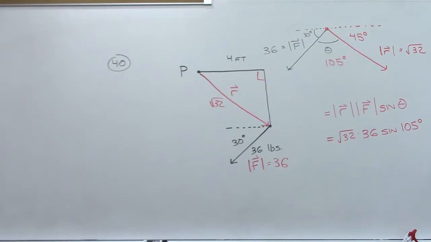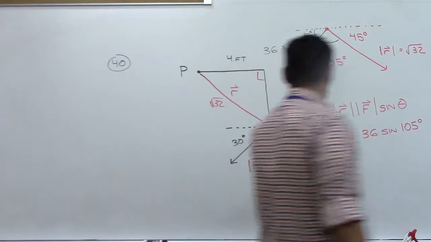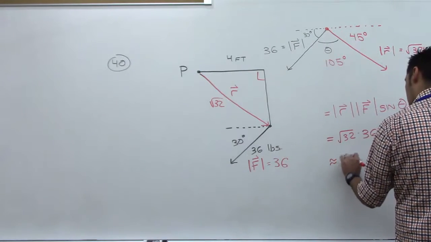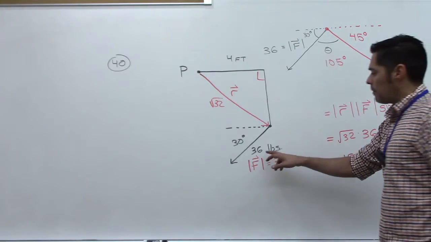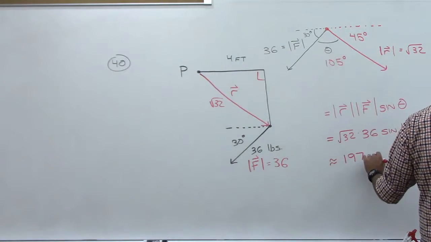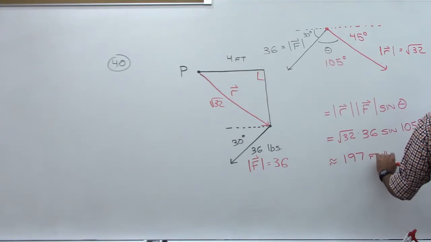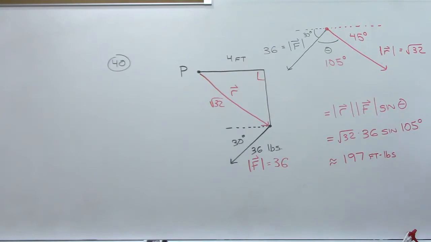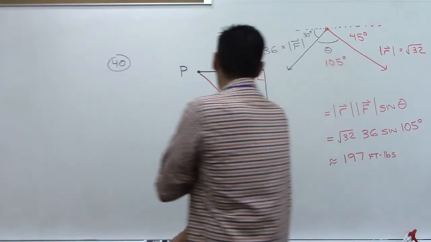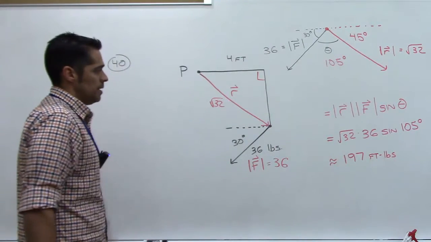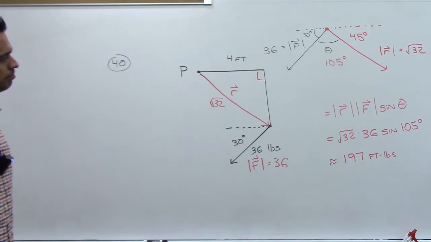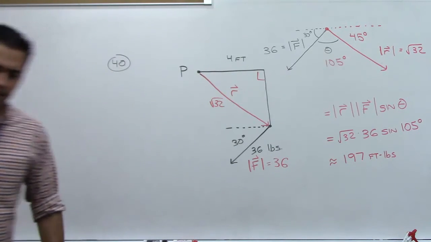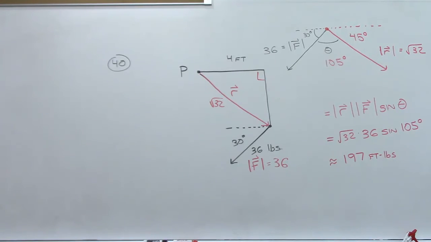So this is approximately 197, and then the units, because this was in pounds and feet, this is going to be foot-pounds. So that is the torque that we have on that point P, 197 foot-pounds. Hope that makes sense. That'll do it. I think that'll wrap it up for this section.